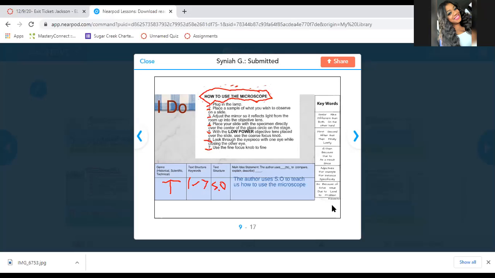My keywords were the numbers because I couldn't find any words, any keywords, but I also found numbers. And I knew that since the numbers were going in order, it was showing me steps, okay? And that's how I came up with that. So I underlined each number, and then I was able to identify that that text structure was sequential order. And then I filled in the blanks to my main idea statement, okay? The author uses sequential order to teach us how to use the microscope.